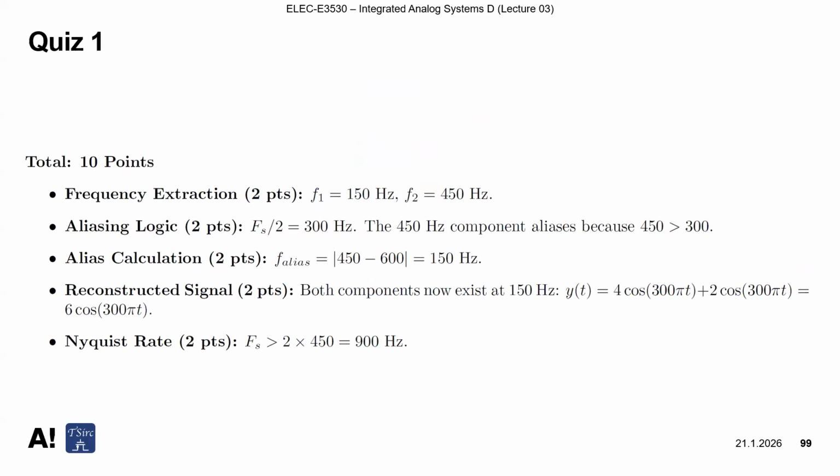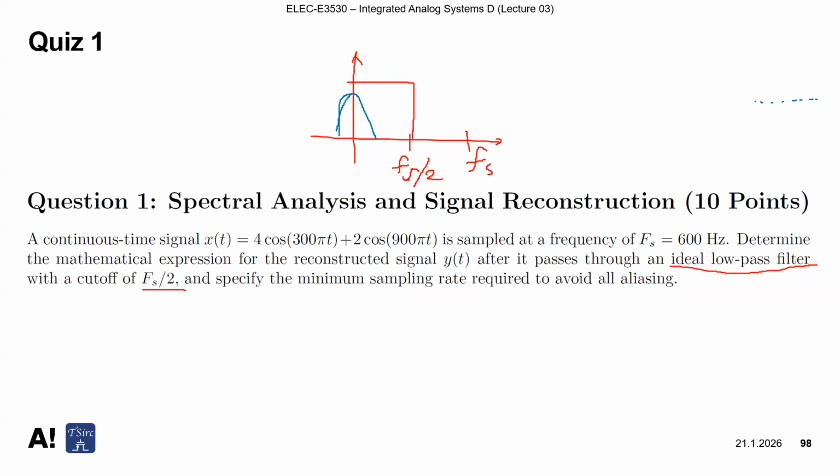For this question one, frequency extraction, 2 points. How do we extract the frequency? Any sinusoidal waveform can be described as cosine or sine of 2 pi f t.